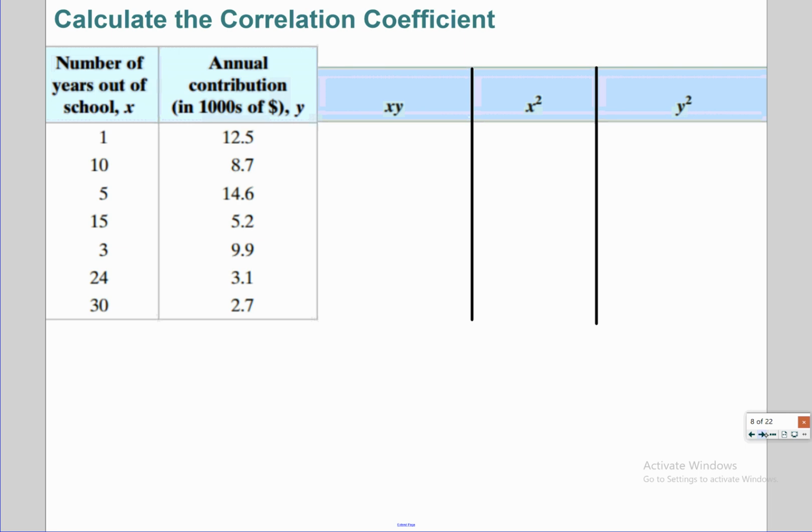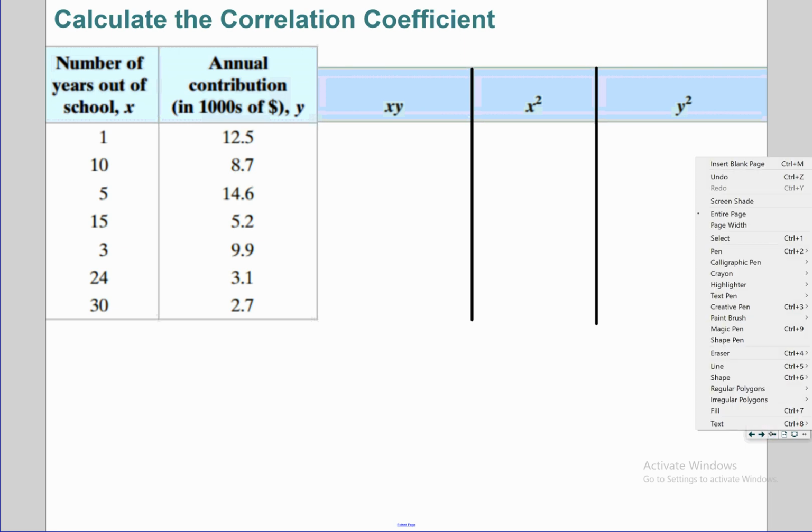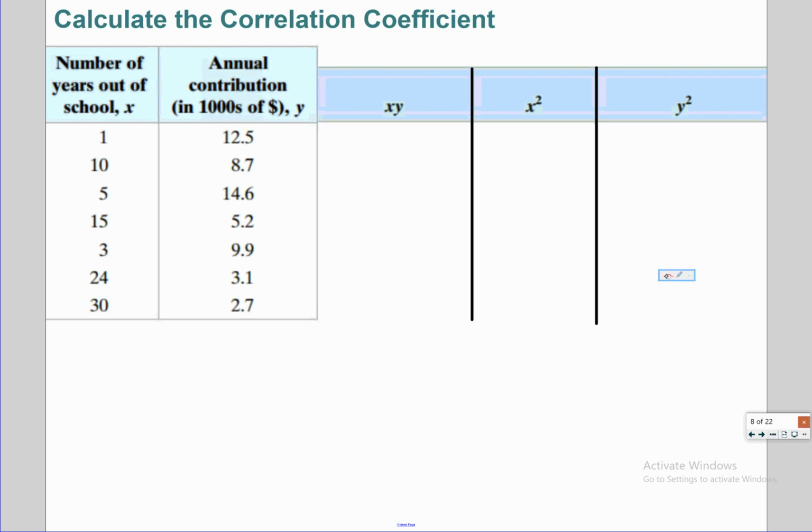Okay, so for each of these columns, we're going to have a summation at the bottom. All right, so I'm going to start by adding up all my x's. Again, this is just going to be tedious, so bear with me here.